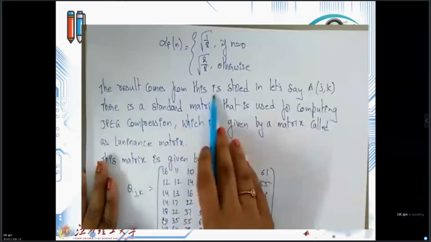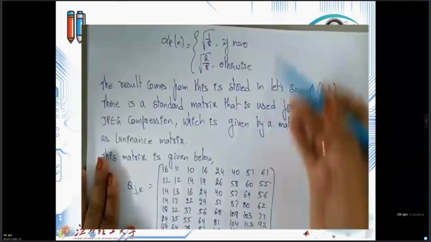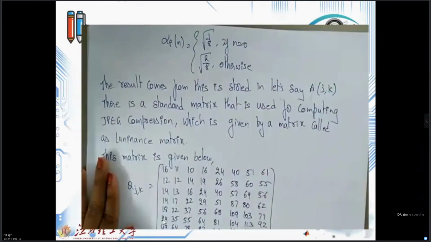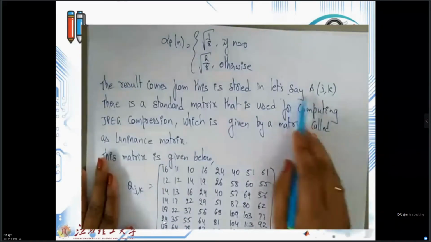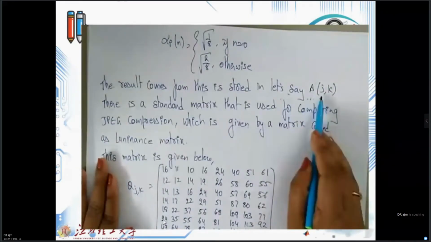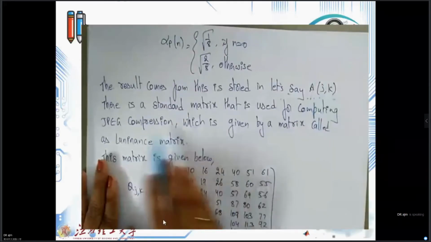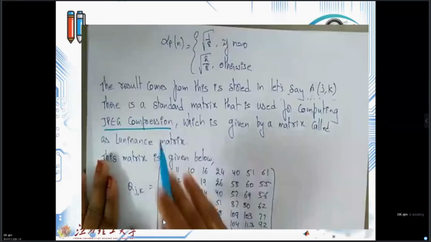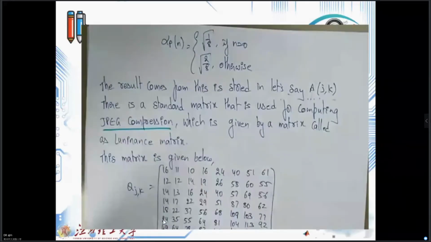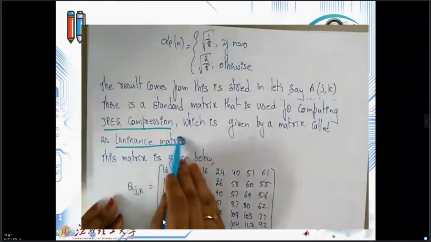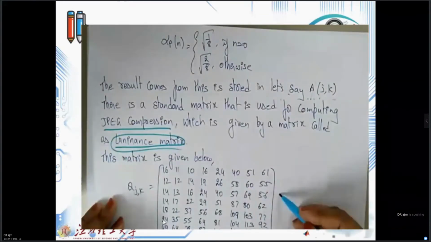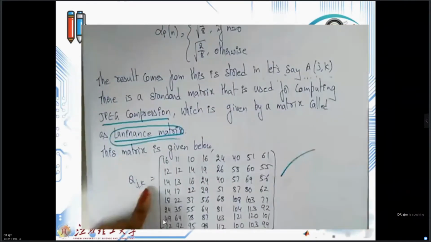Then there is a standard matrix that is used for JPEG compression, which is given by a matrix called the luminance matrix. And this matrix will come out after the DCT job.